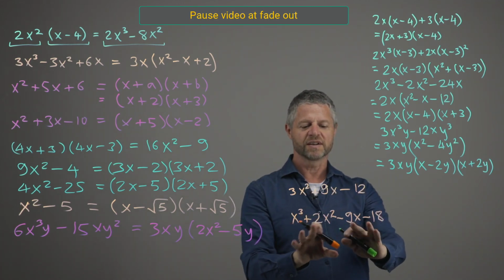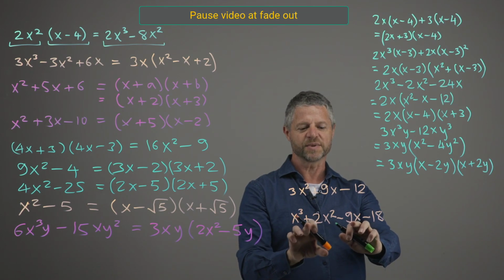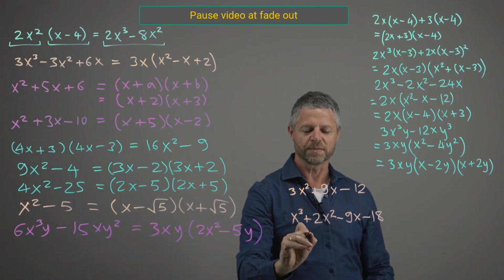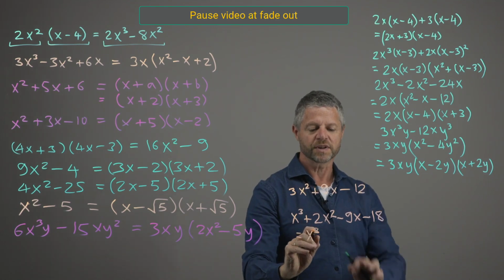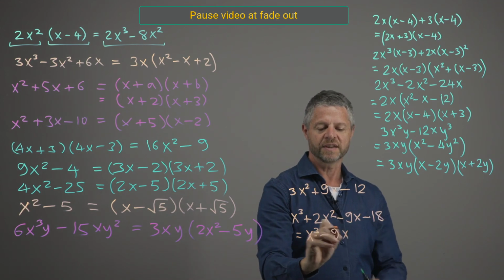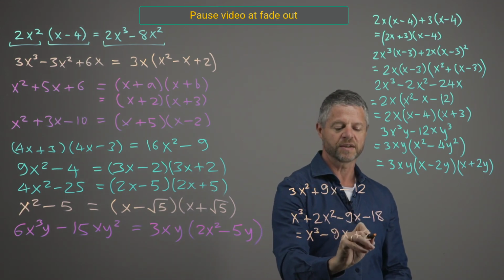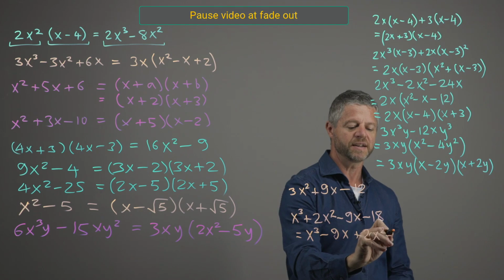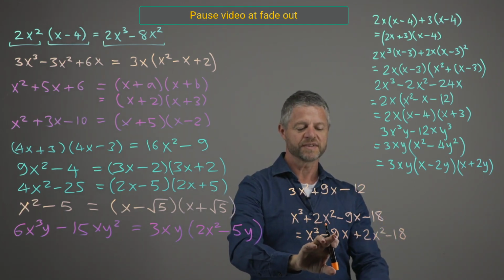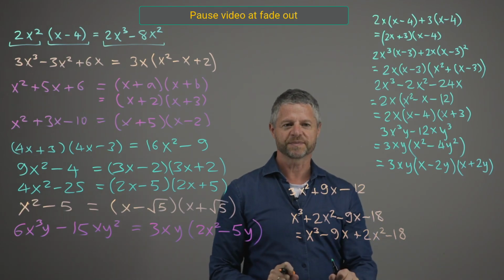If we regroup this and write it in this form, so combine the x cubed with the minus 9x, and then the plus 2x squared minus 18, then that should get you going with this one.